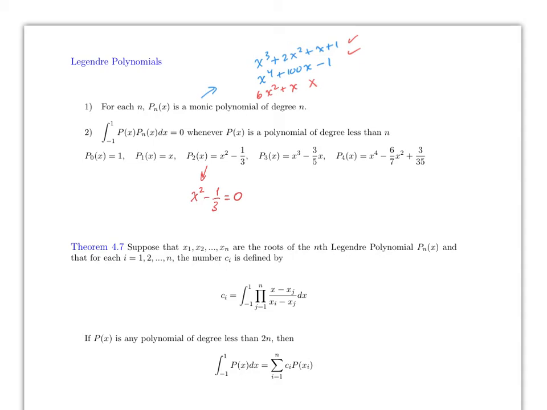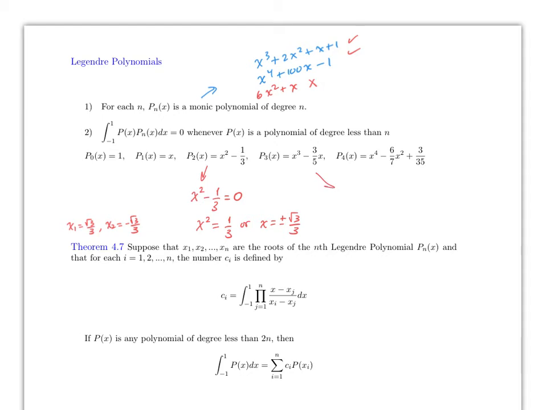If you say this equals 0, x squared will be 1 over 3, or x is equal to plus or minus radical 3 over 3, which you recall from the previous page were the values for x1 and x2. Remember, x1 is radical 3 over 3, and x2 is minus radical 3 over 3.